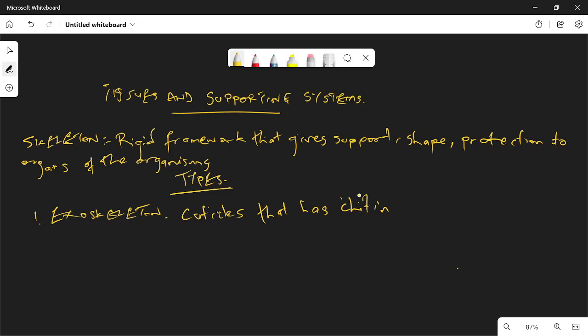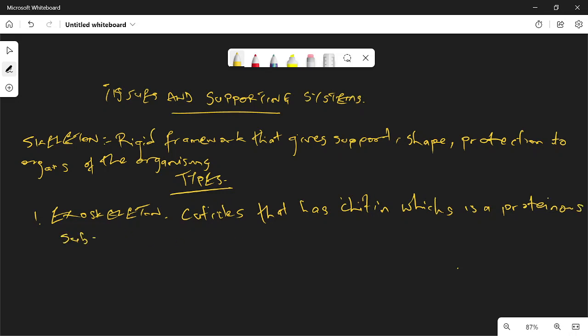It is a proteinous substance that gives hardness, composed of hardened mineral salts like the phosphates and the carbonates of calcium.